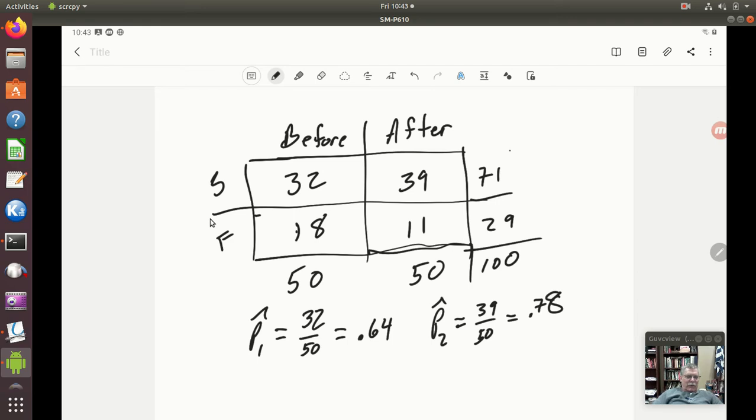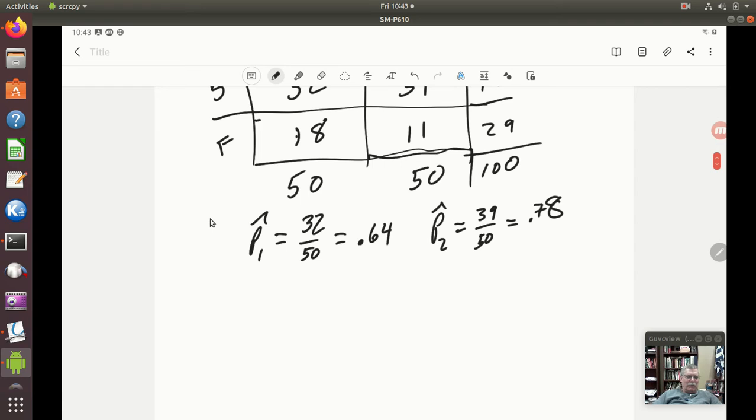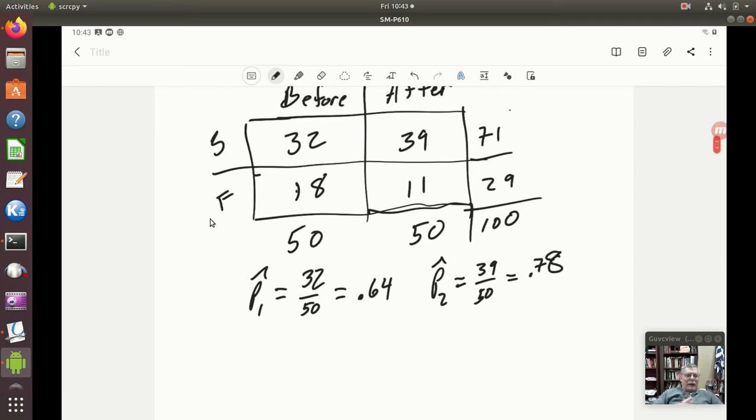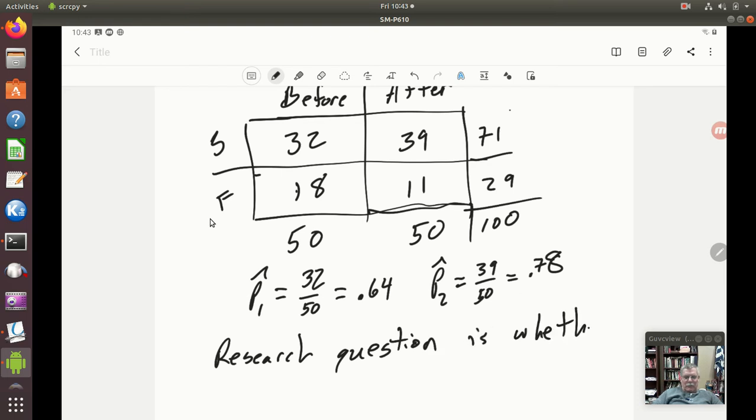And so the obvious question is, are they different, right? Did we actually impact the team somehow? So the research question is whether practice impacted the team.